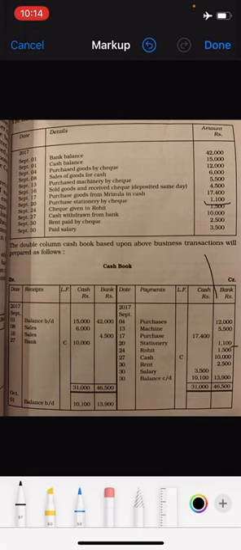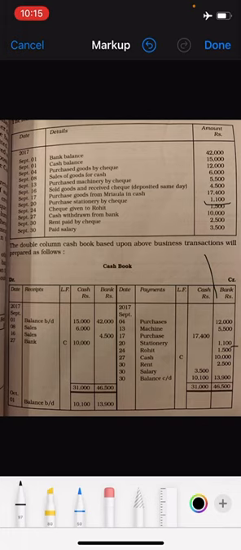Okay, next is check given to Rohit. So Rohit was your creditor, I guess. He's your creditor and you gave check to Rohit. So your creditor is decreasing, so Rohit's account should be debited, and bank account should be credited.